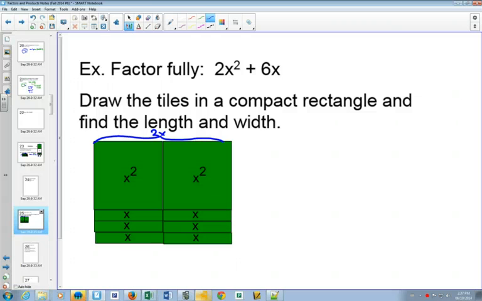You okay with that? And this side over here would be x plus 3, because these sides are all 1s, right? And that's an x. So that side will be x plus 3. So we could write that 2x squared plus 6x is equal to 2x times x plus 3.